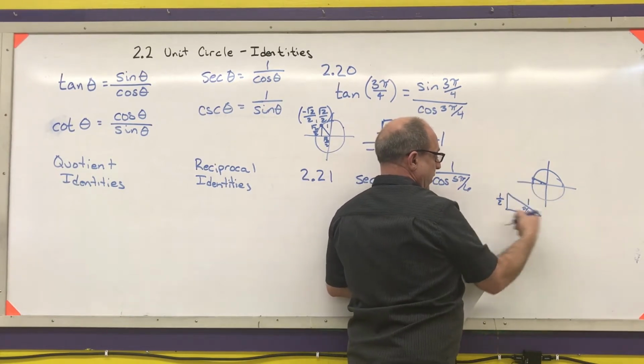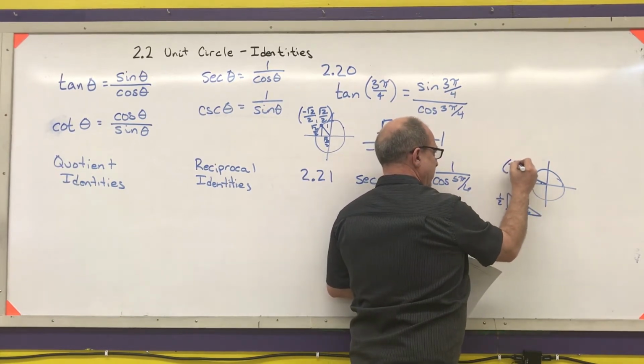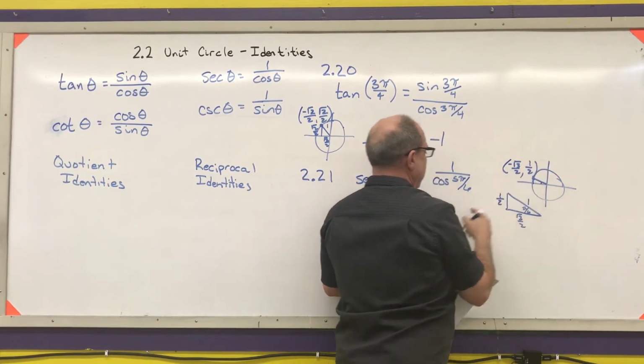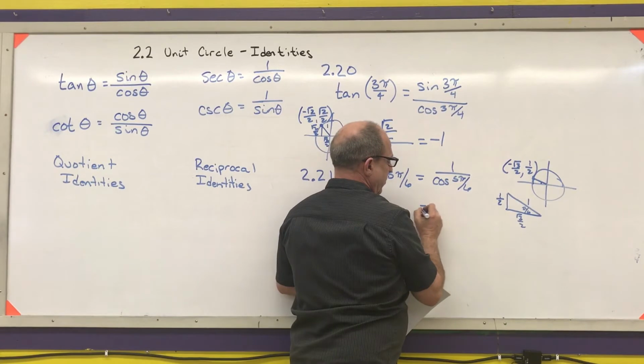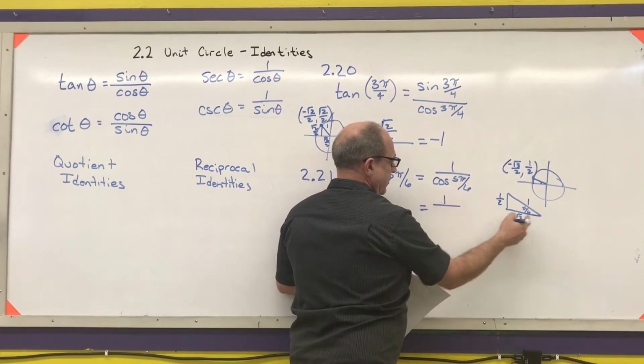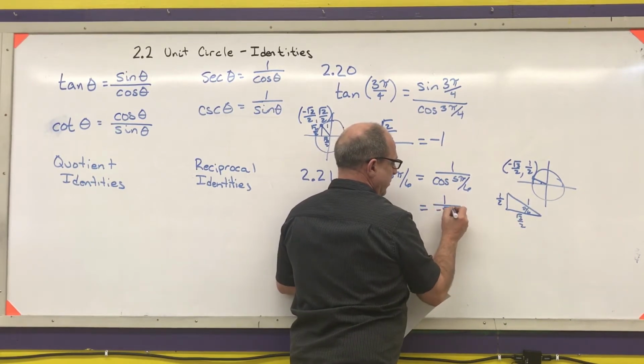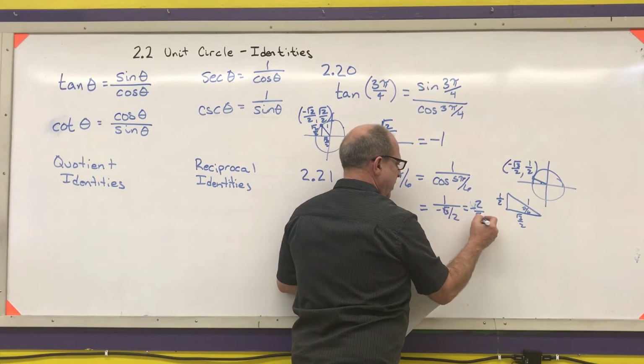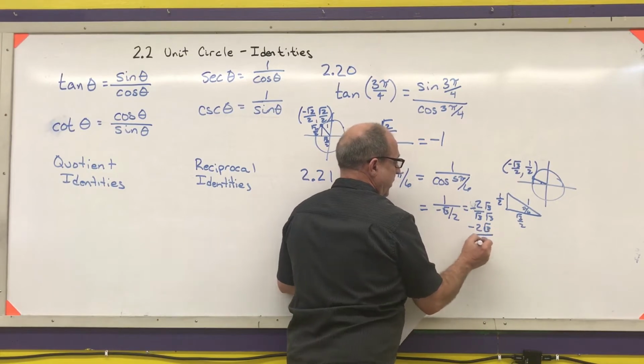Identify the coordinates of this point, so it would be negative square root of 3 over 2, and 1/2. So I'm going to take the reciprocal of negative square root of 3 over 2, which is negative 2 over the square root of 3. Multiply top and bottom by root 3, and I get negative 2 root 3 over 3.